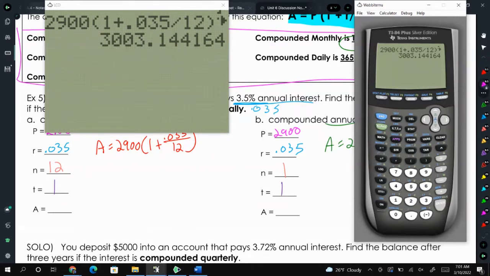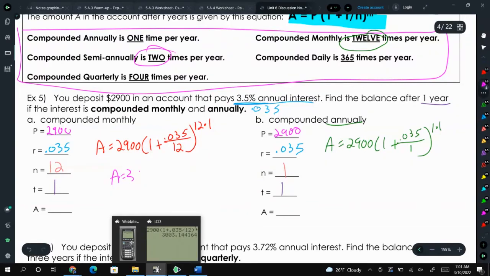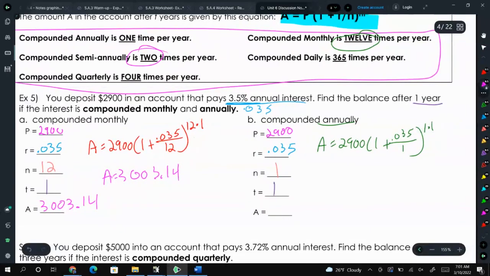And we get $3,003.14. Now you might say, well, why do we have to multiply 12 times 1 in the exponent? Isn't that just 12? Yes, you could do that. Again, I just like to type everything out as written. Like I'm even going to type out the 1 times 1 over here.